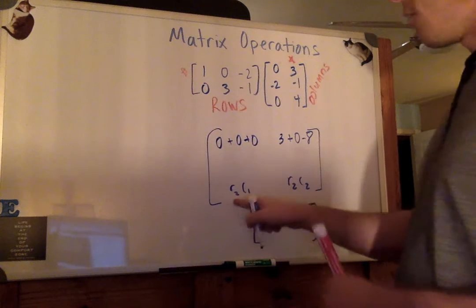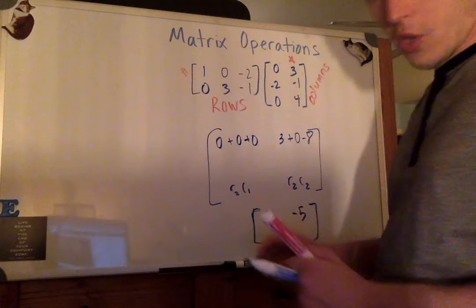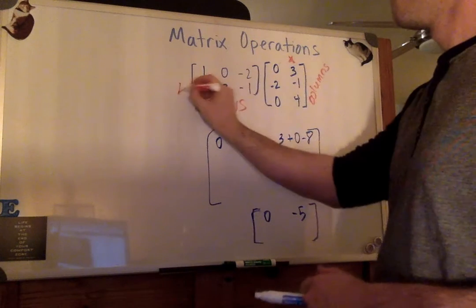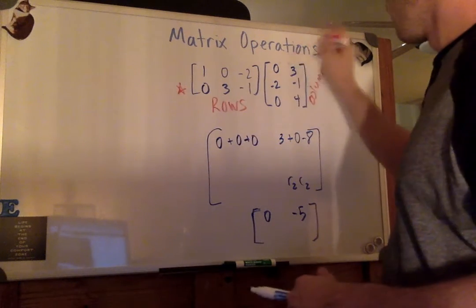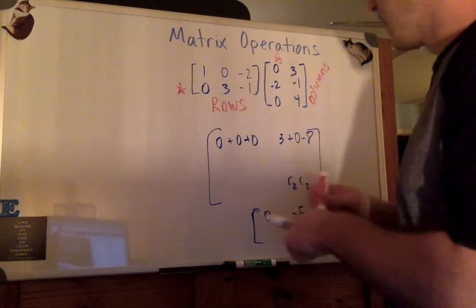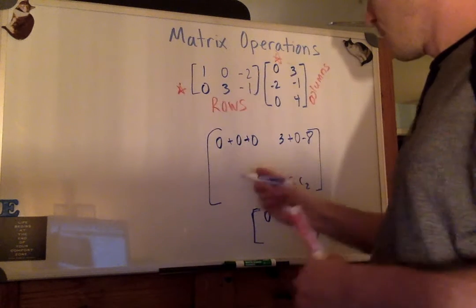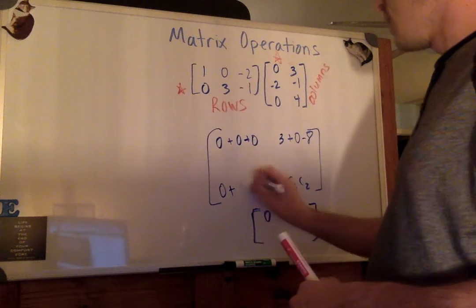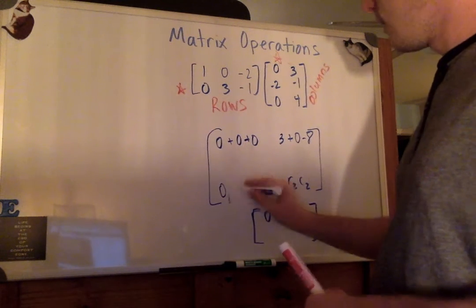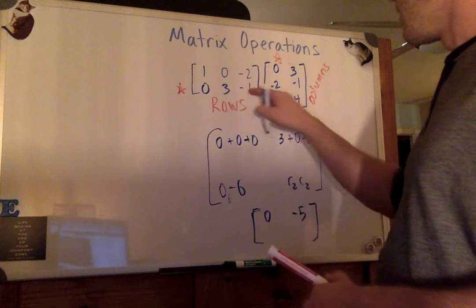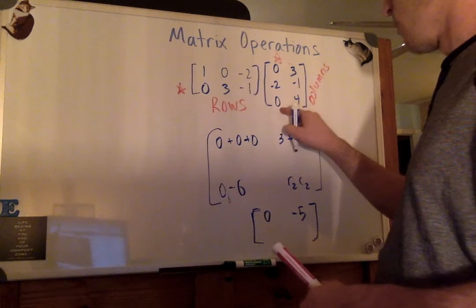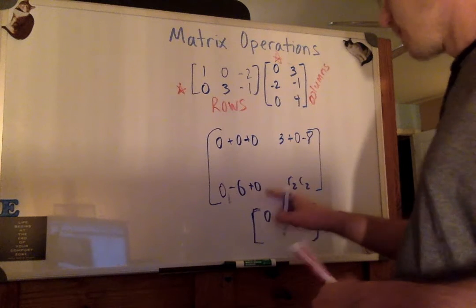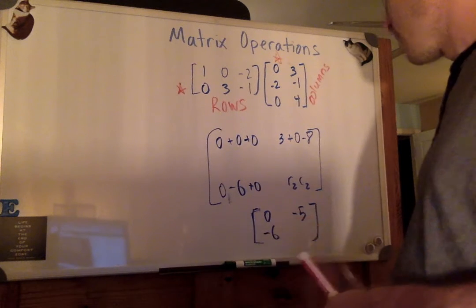Then I'm down to row 2, column 1. Same process. 0 times 0 is 0. 3 times negative 2 is negative 6. And negative 1 times 0 is 0. 0 minus 6 plus 0 gives me a negative 6 down here.